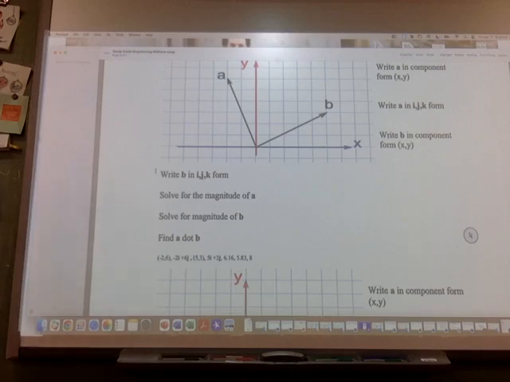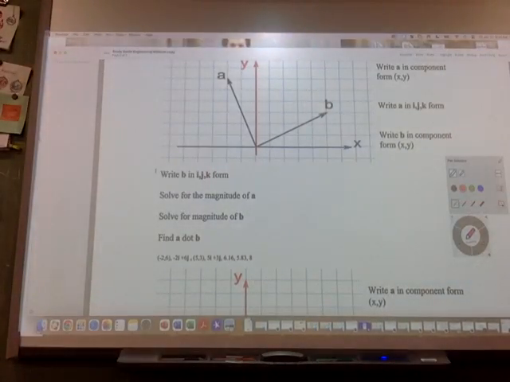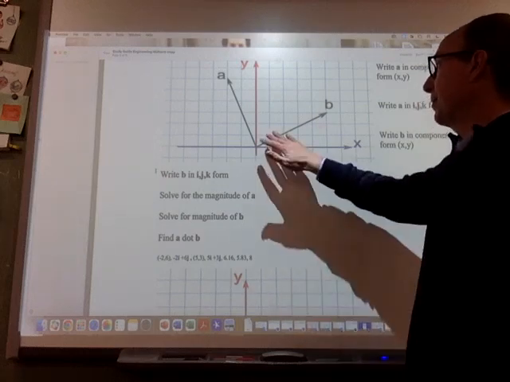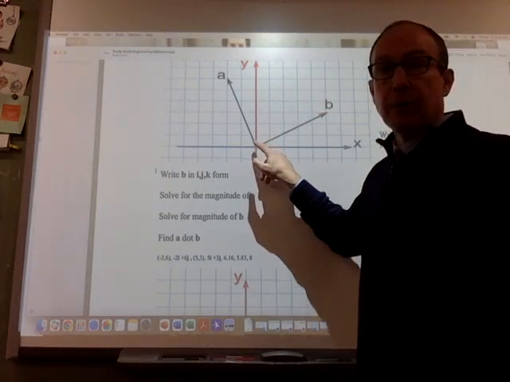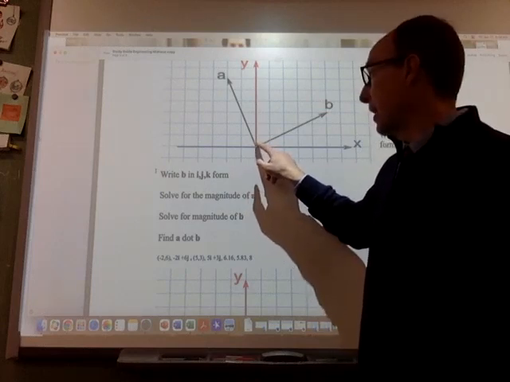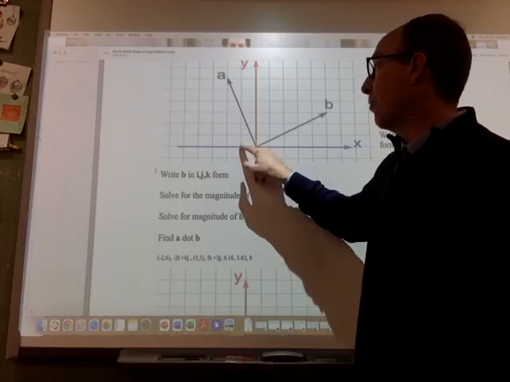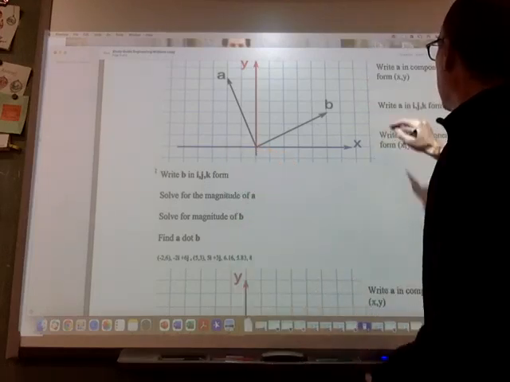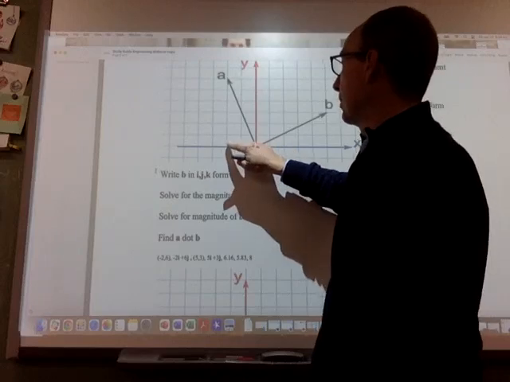If we're given the vector and they want us to express it in either of the forms, I can look at the components of it on the grid. So A, if I look at A in the i hat direction goes -1, -2. So my x component would be -2.